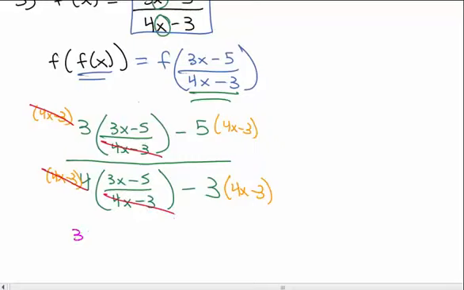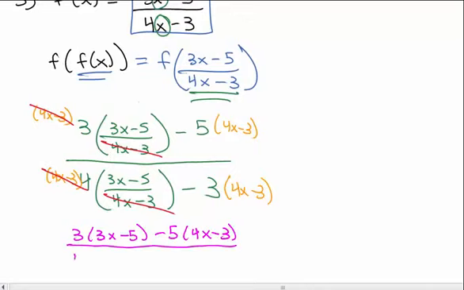And so we're left with 3 times 3x minus 5 minus 5 times 4x minus 3 over 4 times 3x minus 5 minus 3 times 4x minus 3.